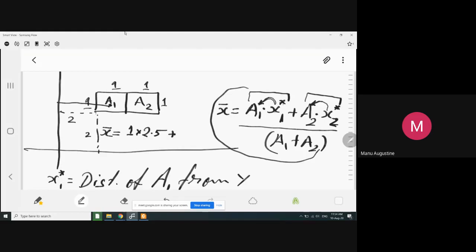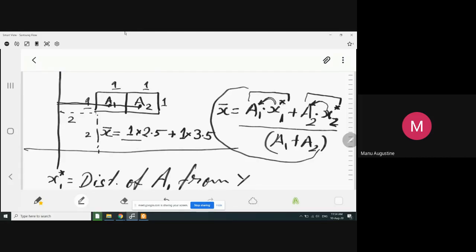Plus what is the value of a2? 1, multiplied by what is x2 star? X2 star means the distance of centroid of a2 from y-axis. 3.5.